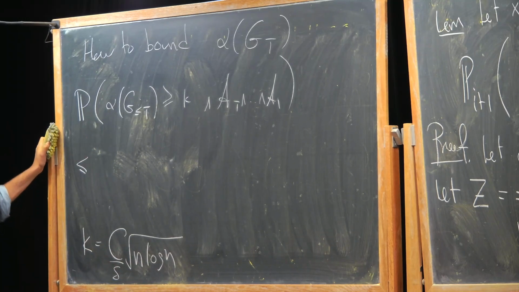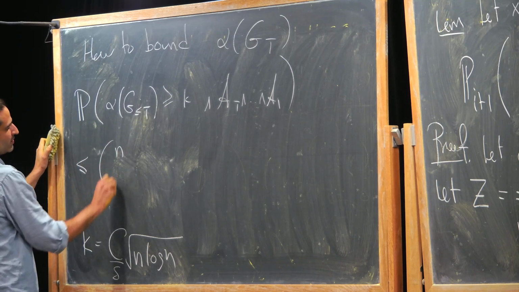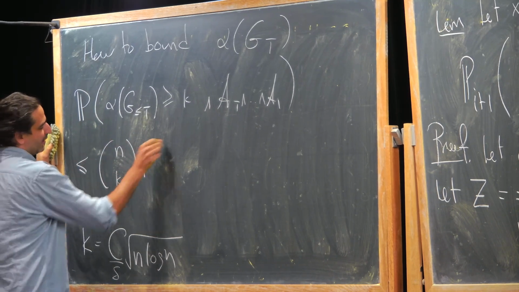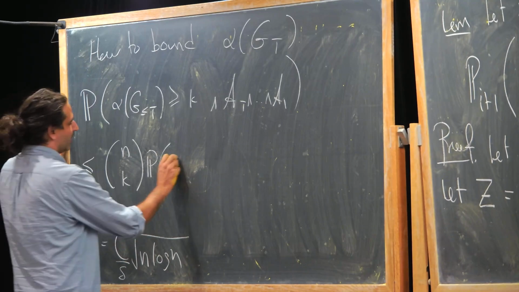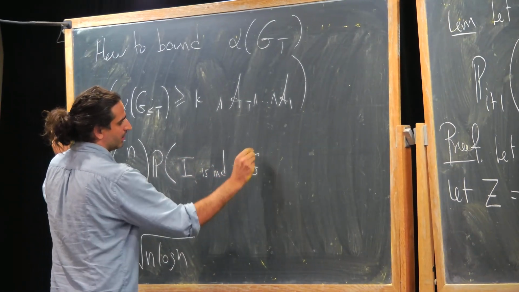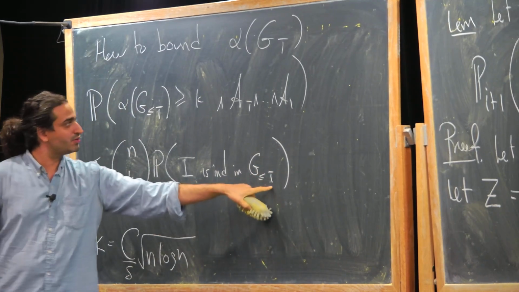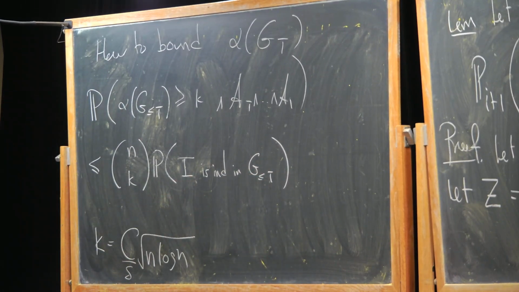So a large constant times root n log n, and this is really our objective. So I'm going to union bound over all possible sets of that size, and I'm going to multiply by the probability that I is independent. And now here, I really mean G at most t and not G primed anywhere. So this will require an extra trick.